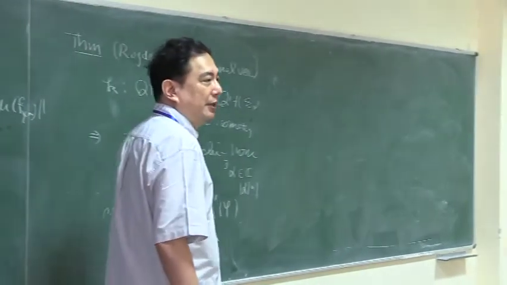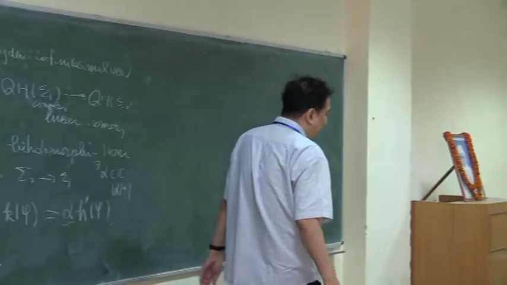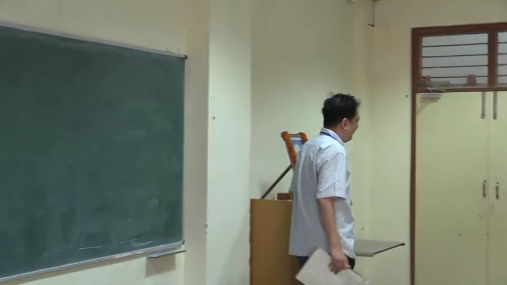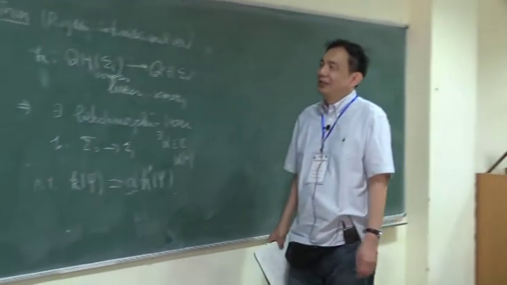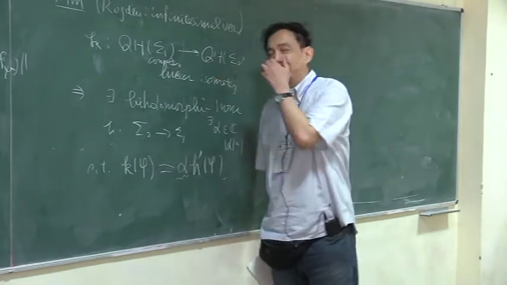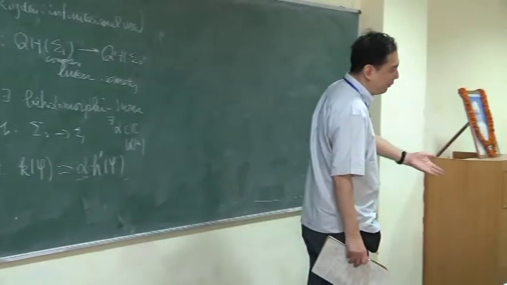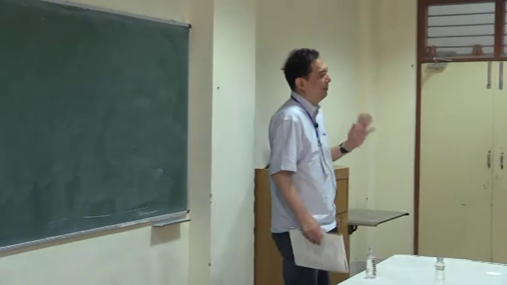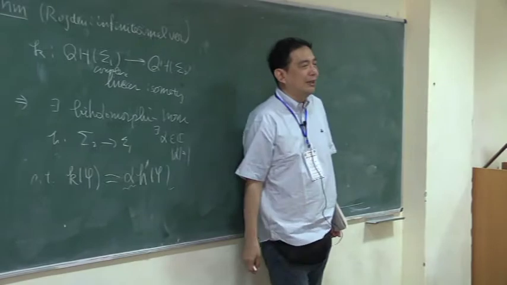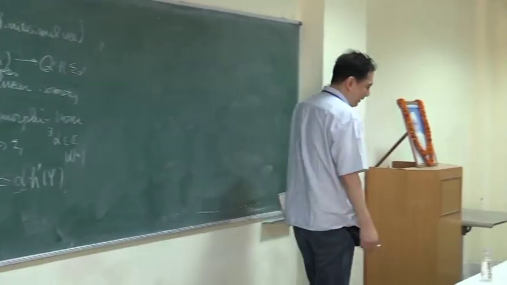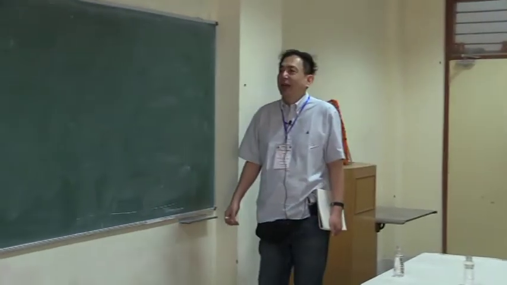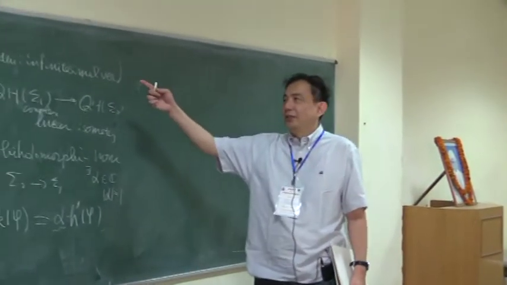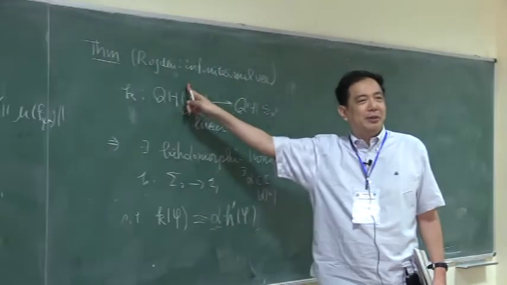Is it clear? So the proof of this theorem is fairly complicated. And if you would like to study the proof, then the only way is to just read the original paper by Royden. In the textbook I introduced yesterday, by Imayoshi and Taniguchi, they mention this theorem, but without proof.